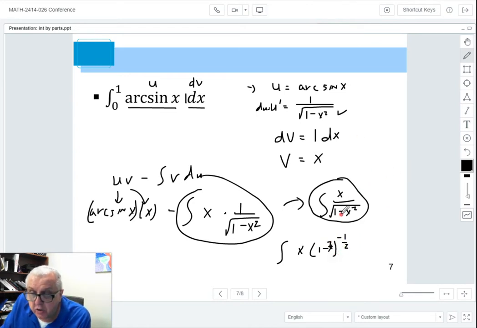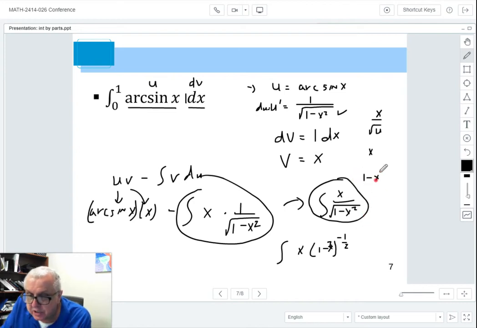And if I call the bottom u, it's the same way as doing x over the square root of u, or x times u to the negative 1/2. I'm calling 1 minus x squared, u. I'm running out of room here.